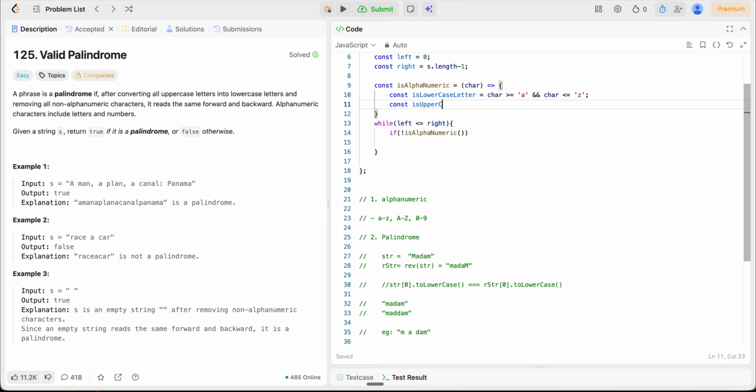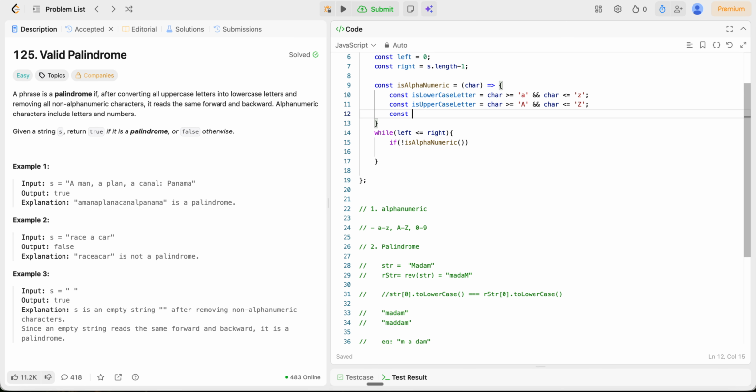Now we will also determine if it is an uppercase letter. The entire thing will be the same. I just have to change it with the capital letter A and capital letter Z, and const is number. Again it is the same, but I just have to check for 0 and 9, if the number is greater than or equal to 0 and less than or equal to 9.